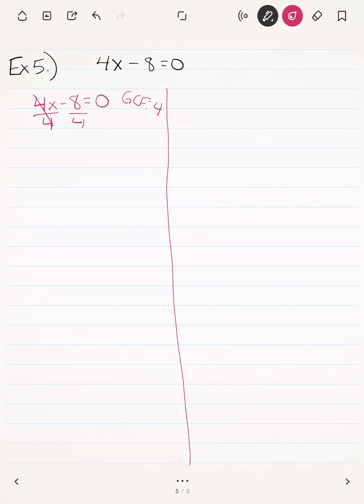So the 4's, I'm left with my GCF, and then I get x minus 2 equals 0. My GCF right here doesn't have a variable, so I don't have to worry about setting it equal to 0. So then I add 2, and I get a positive 2. So my x-intercept would be 2, comma 0.